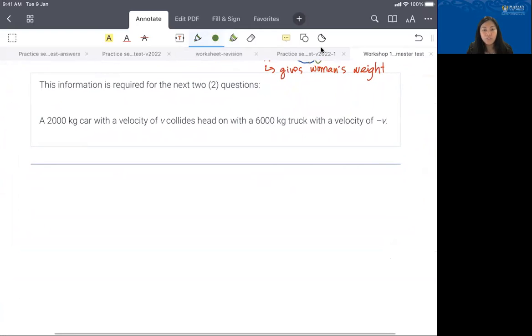All right, so next, for the next two questions, a 2,000 kilogram car with a velocity v collides head-on with a 6,000 kilogram truck, so a heavier truck, with a velocity of minus v. So they're both v, so that means same speed.